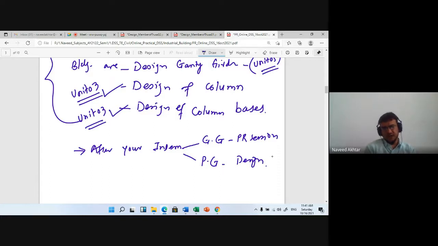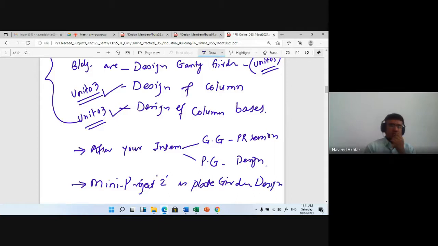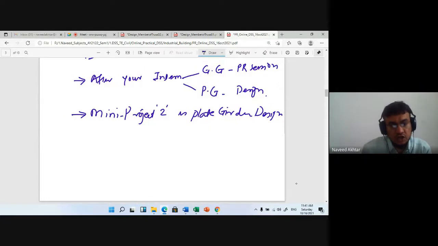And this plate girder design is part of mini project 2. So mini project 2 is nothing but plate girder design. Then you have two site visits remaining.